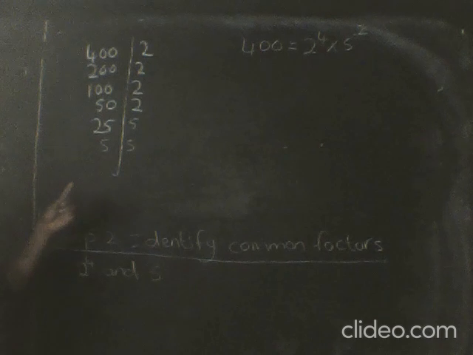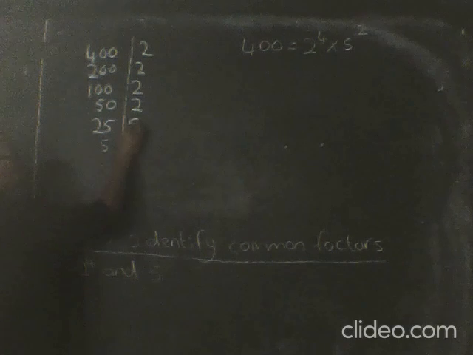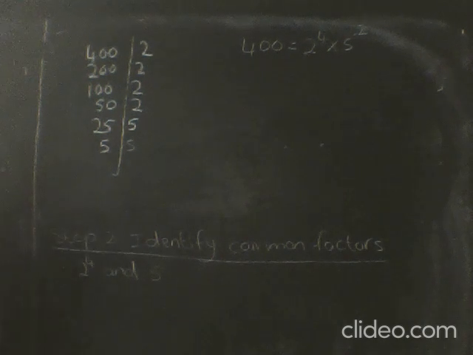Now 25 is an uneven number, so we cannot divide it by 2. The next prime number that can go into 25 without a remainder is 5, right? So there we have the number 5. So 25 divided by 5 gives us 5, and then 5 divided by 5 will give us 1, right?